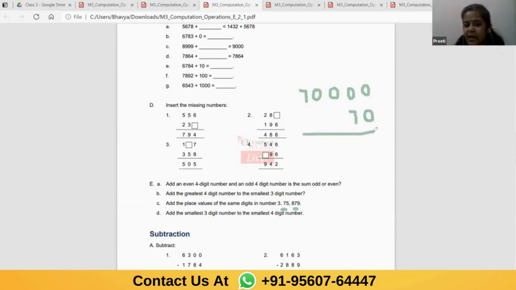The question says, add the place value of the same digits in the number. There is only one digit which is the same: 7 is repeating 2 times. So you have to add the place values of both 7s. Okay, ma'am, so it will be 70,070. Did you understand, Ishan? Yes, ma'am.